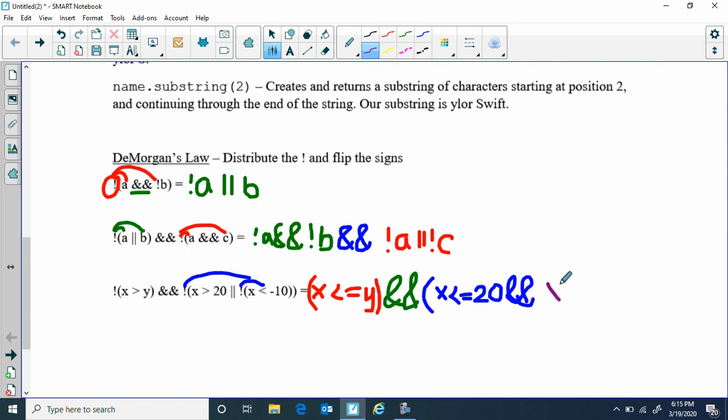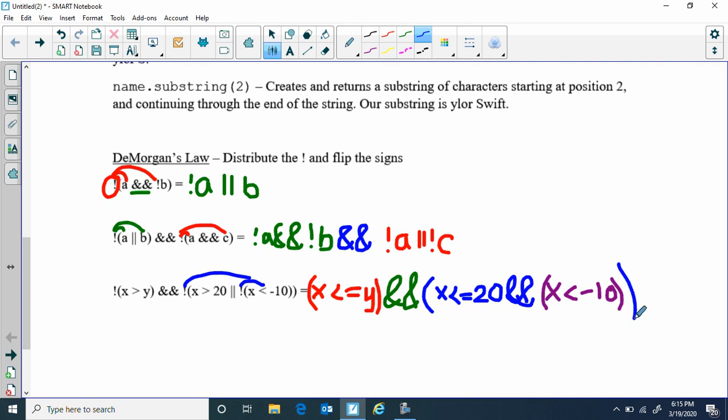So we're going to have X is less than -10, because each one of those nots flips our sign for us. We went from less than to greater than or equal. Then we had to flip again, so we went back to less than.